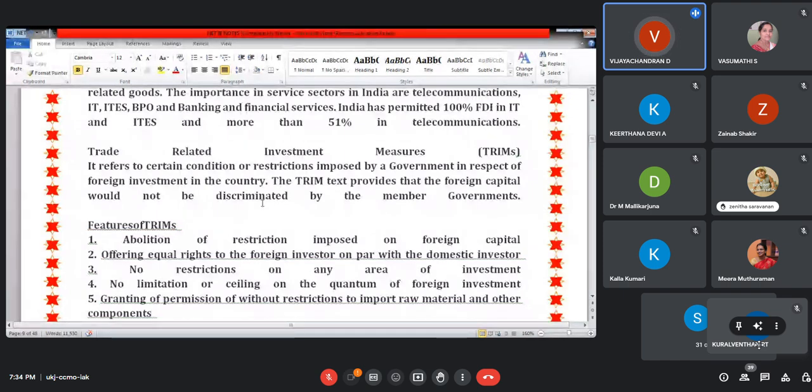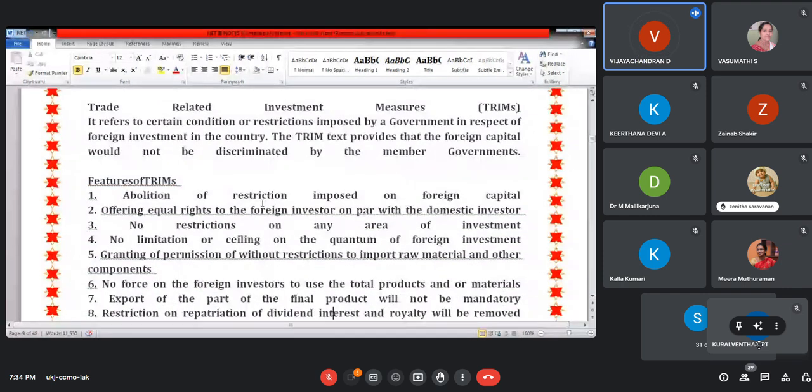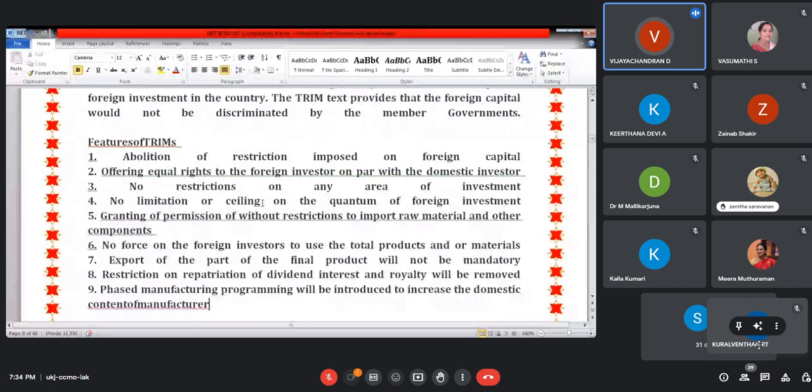If there is any problem or any difficulty in a member country, that will be sorted out by TRIMS. What are the features of TRIMS? Abolition of restrictions imposed on foreign capital. Any country may invest their funds in any country without any restriction.